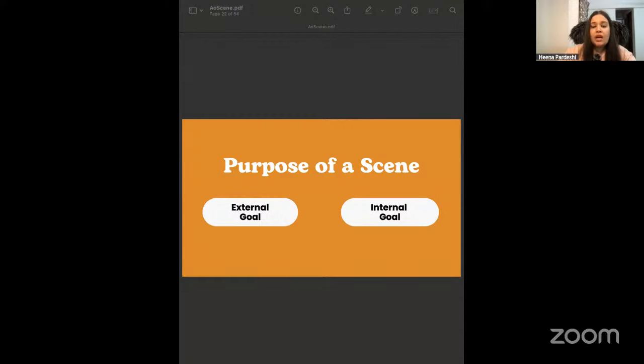External goals are visible, tangible desires. For example, finding the missing key, confront someone, escape danger, hide a secret, steal an object, get information, reach a location, impress a mentor, or investigate a noise. These are easy to track because we can observe them.